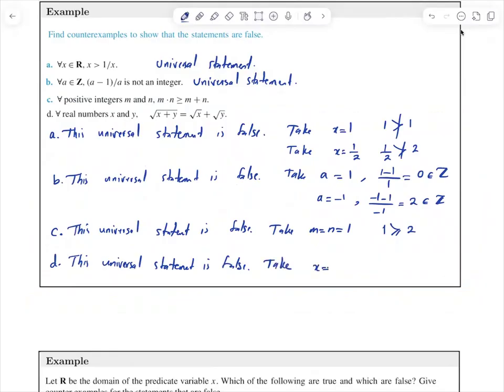Take x and y to both be just 1. Then square root of 2 is not square root of 1 plus square root of 1, or 2, right?